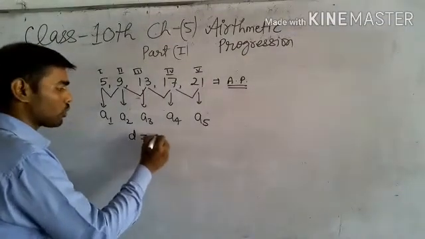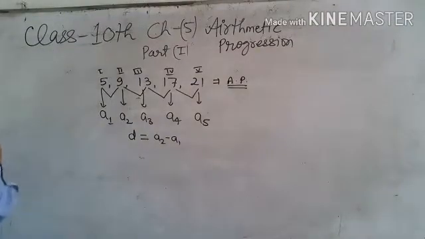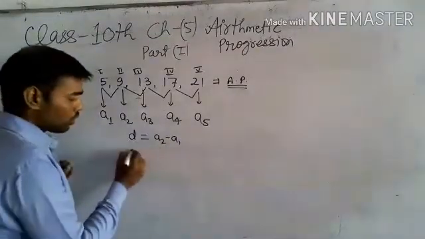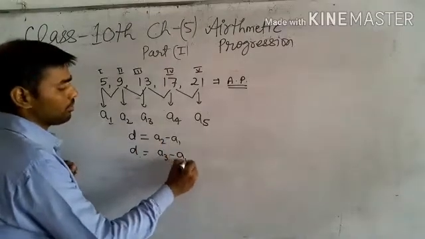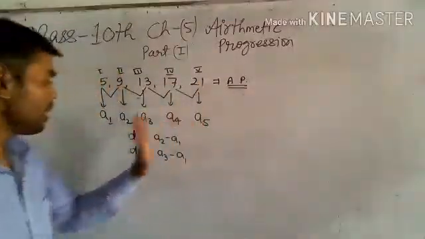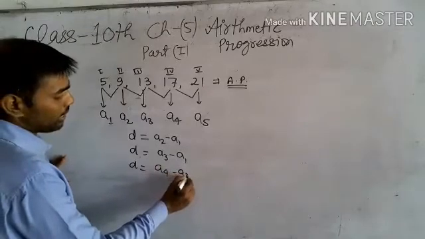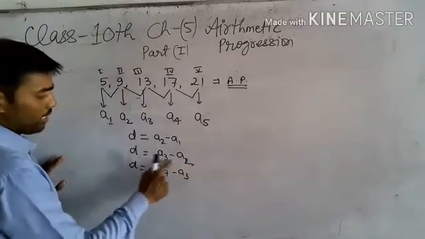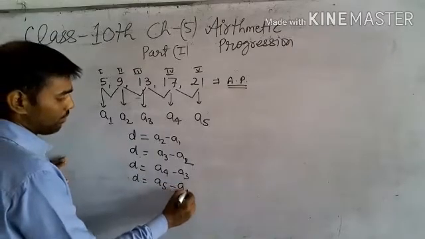D is equal to A2 minus A1. Similarly D is equal to A3 minus A2. D is the same everywhere. Now D is equal to A4 minus A3, and D is also equal to A5 minus A4.